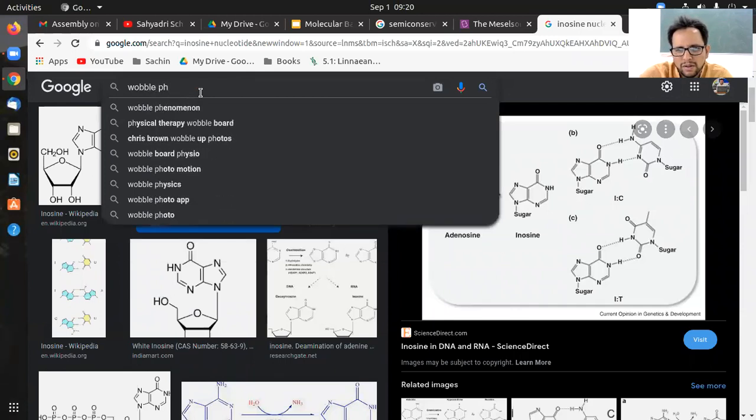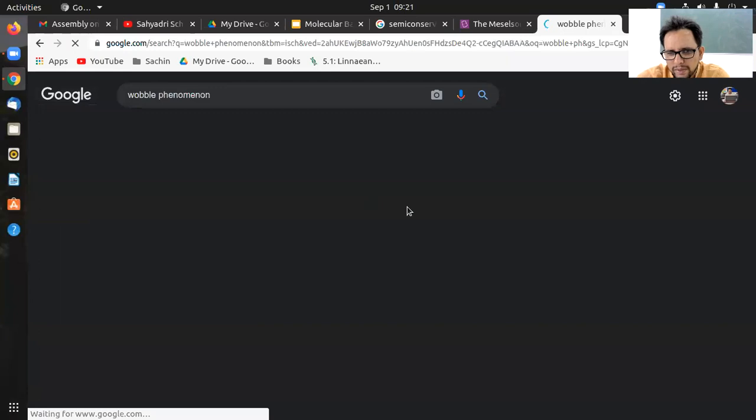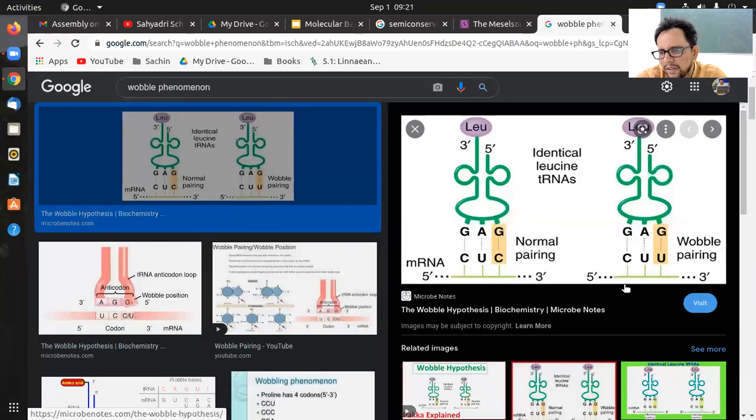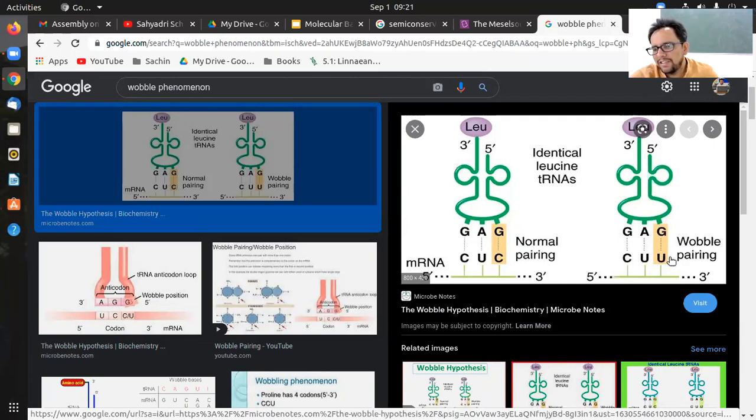This is normal pairing, and this is wobble pairing. There is a particular anticodon and it will connect to this, and it can also connect, you can see GAG is the same, but it can also connect to CUU. That means the last base.